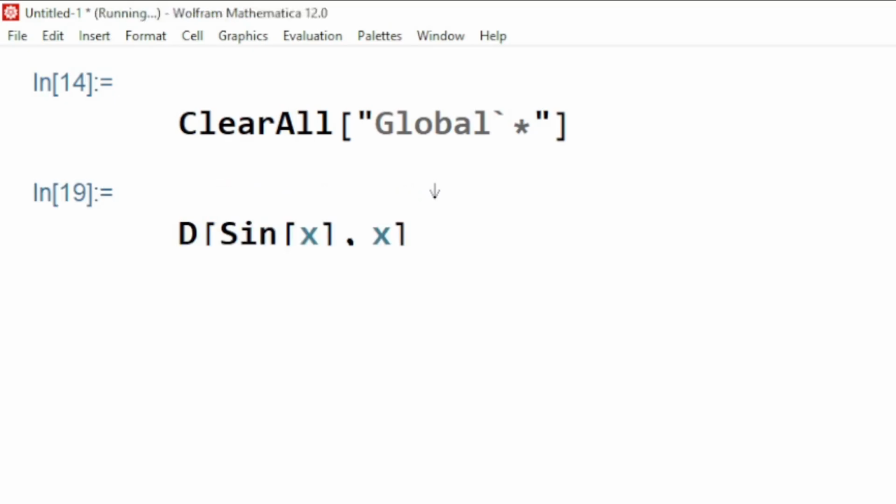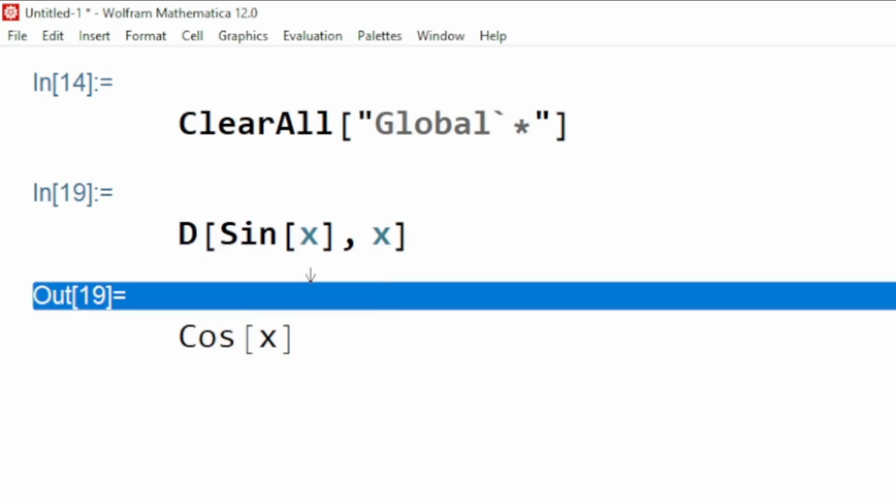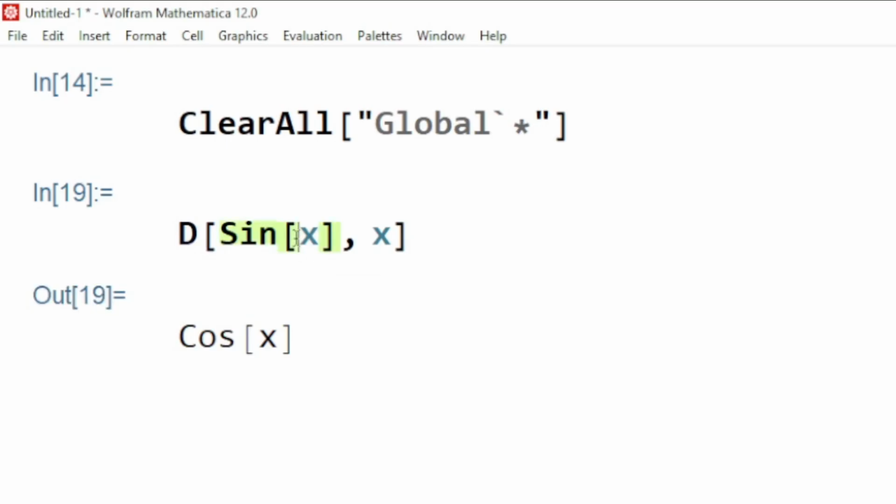If I run this, it gives me the derivative, cos x, because we know the derivative of sine x is cos x. Now Mathematica uses the same command D for carrying out the chain rule.